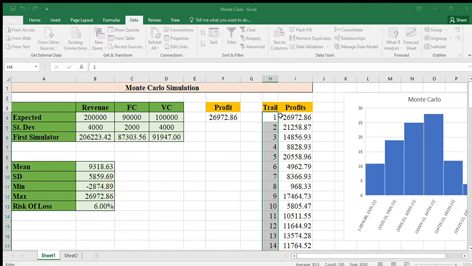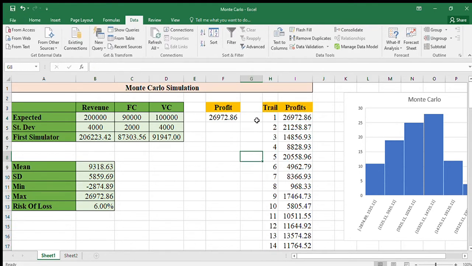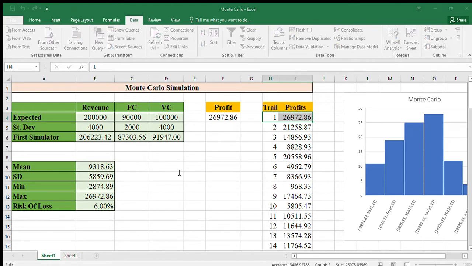I've written it already here, so I won't be doing it. We'll be selecting both of these things. Just a second, I'll do it again. Once you write it over here with 1 to 100, select both of these things, then do What-If Analysis. For the row input cell, we don't need to write anything.